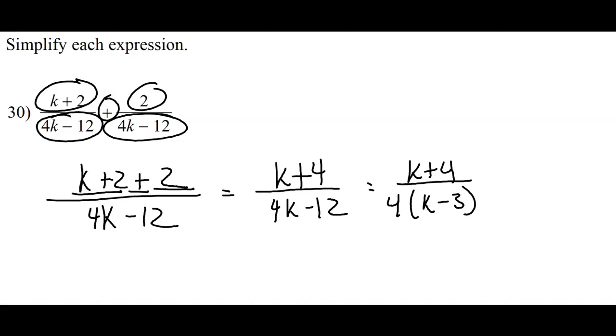But I just want you to be aware, if you see this as an answer, then just stop there and bubble in that choice. If you don't see it, try factoring to see if you can get a match. But when it comes to adding and subtracting, after you actually add and subtract, they almost never reduce, so don't do that step unless you don't see your answer available.